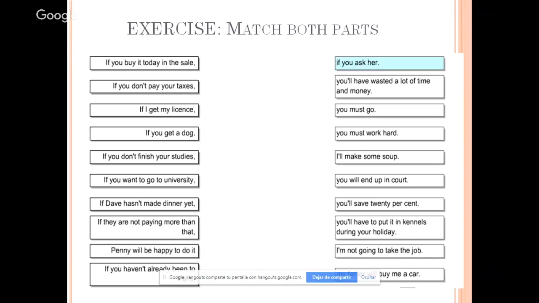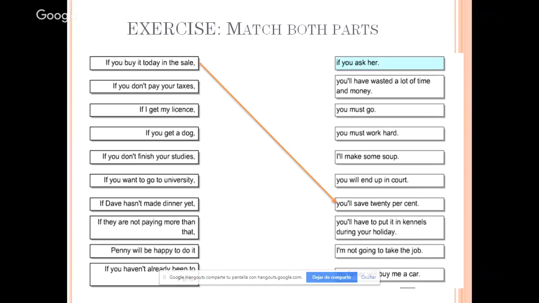I'll give you a second so that you can read the information. Right? So let's check how you matched this information.